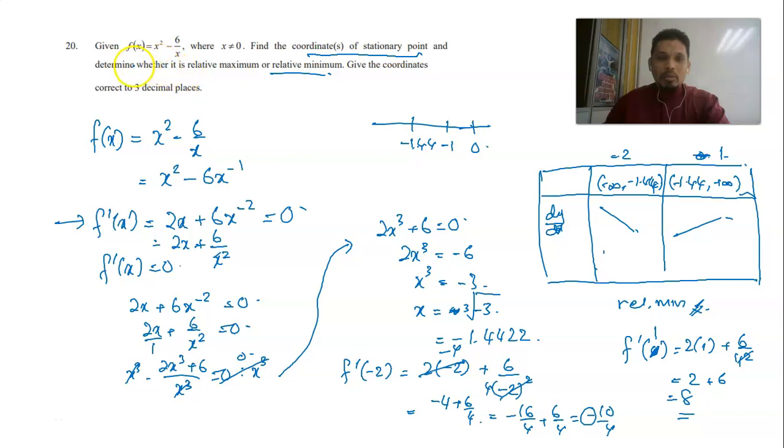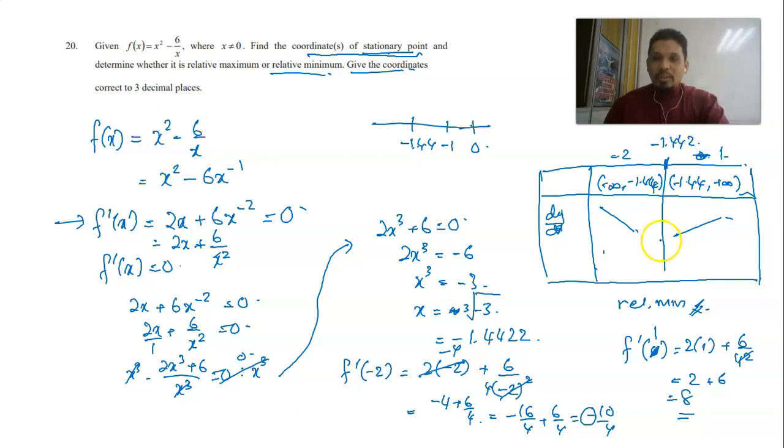According to the question, whether it's a relative maximum or minimum, give the coordinates correct to 3 decimal places. Find the stationary point. Stationary point means that at this point here is negative 1.442.